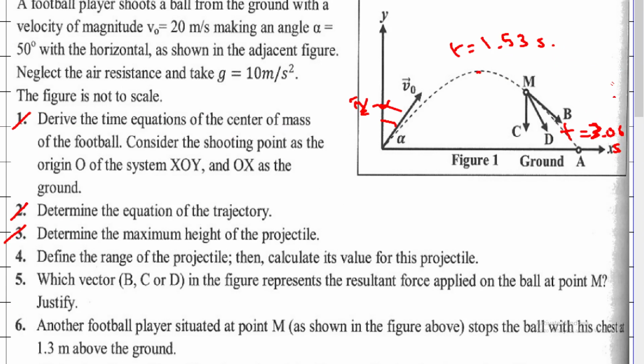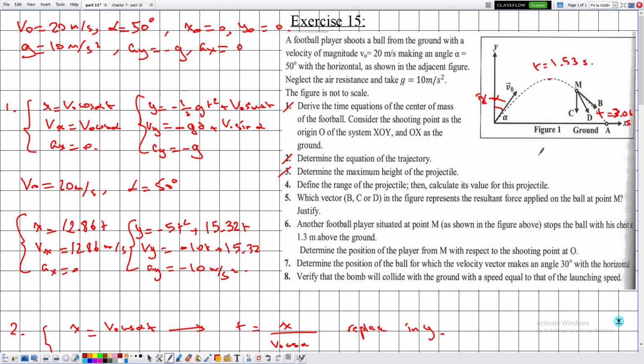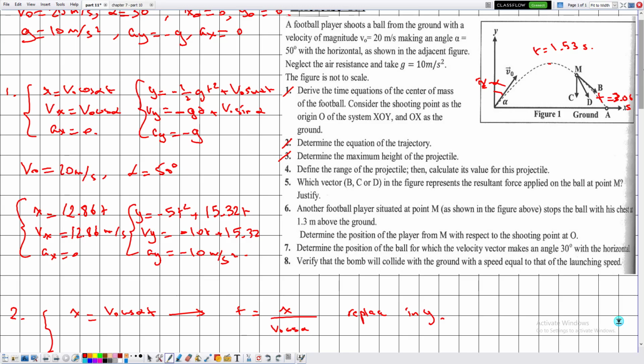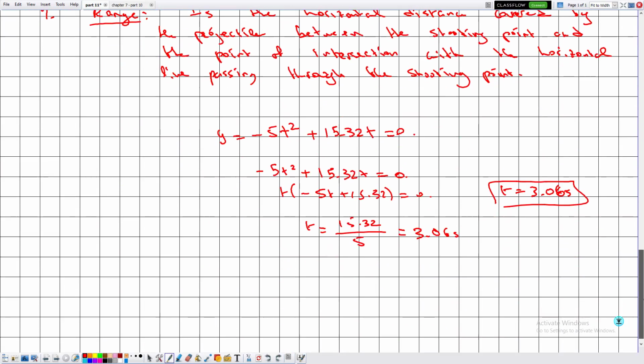Okay, and notice that this time is greater than this time, and actually it's the double. So in this case we know that our answers are correct.